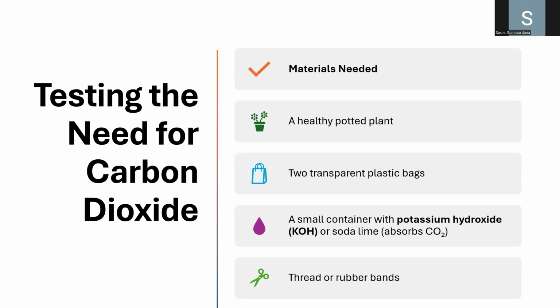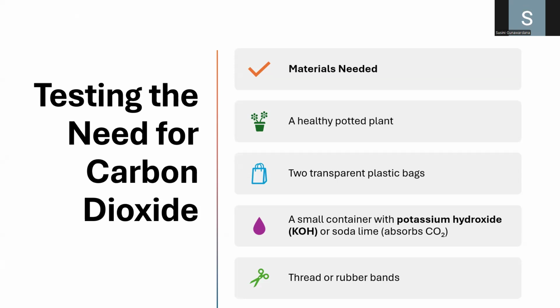In this experiment, we are going to limit carbon dioxide, so the plant will be lacking carbon dioxide. If it is lacking carbon dioxide, can it do photosynthesis? No. The rate of photosynthesis will be reduced, or it will not do photosynthesis at all.